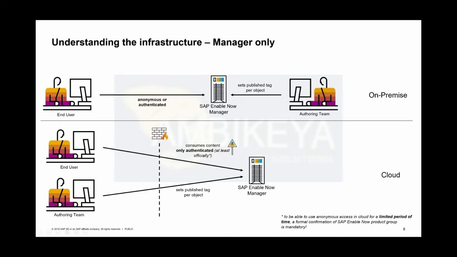But please know, and I just noted that here, that if you want to open anonymous access for cloud for your customer, it must be for a limited period of time. For instance, the customer is currently implementing an identity management foundation and a SAML provider, and they are not done yet, but they want to start consuming content.